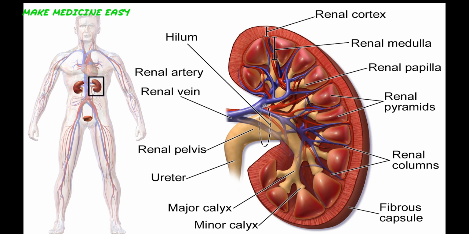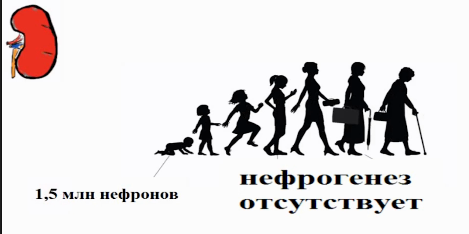And the structure of the kidney consists of nephrons, and you understand that the nephrons are not restored throughout the life. So during the life period we just lose nephrons and there is no nephrogenesis, so no new nephron process, no nephron repair process exists.